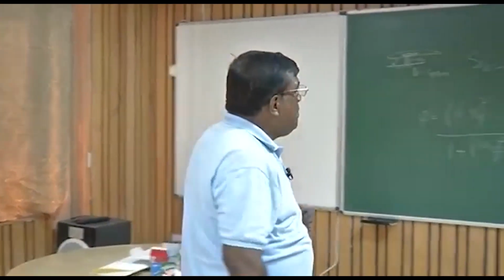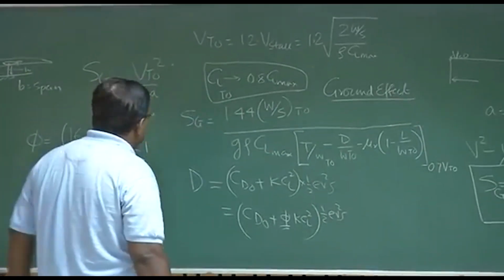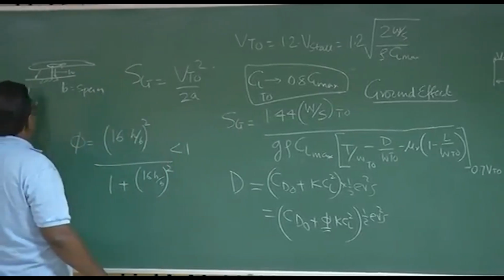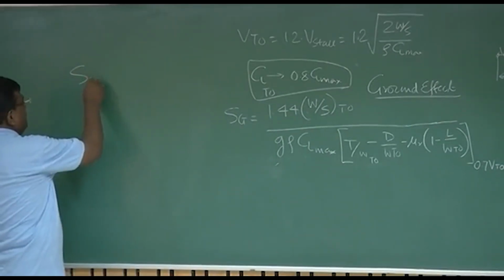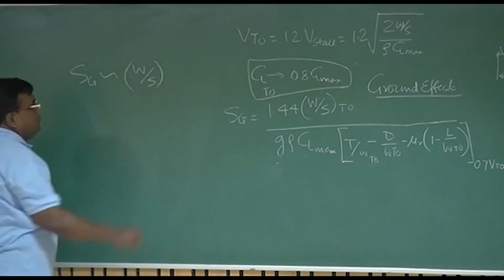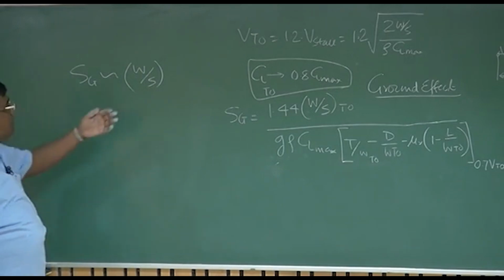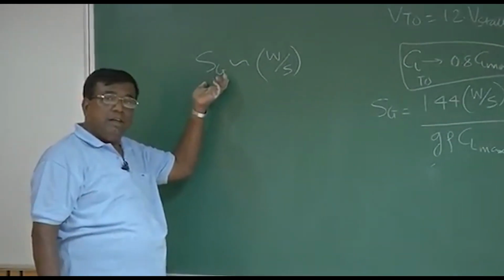Okay? Now we'll come back here and try to give an interpretation to this SG, and from the designer's eye, we'll try to get some inference. What do I see? I see SG is proportional to W by S. That is, if wing loading is less, SG is less.